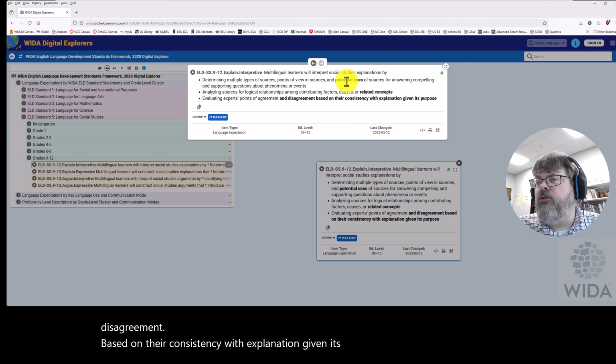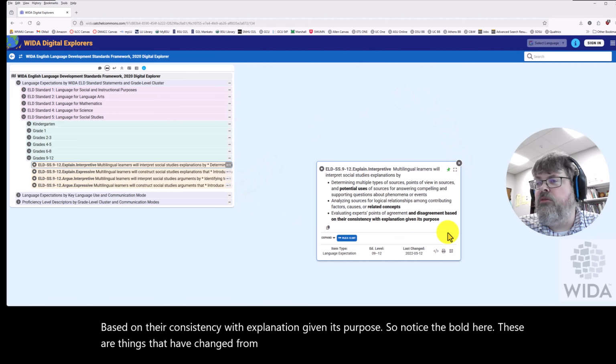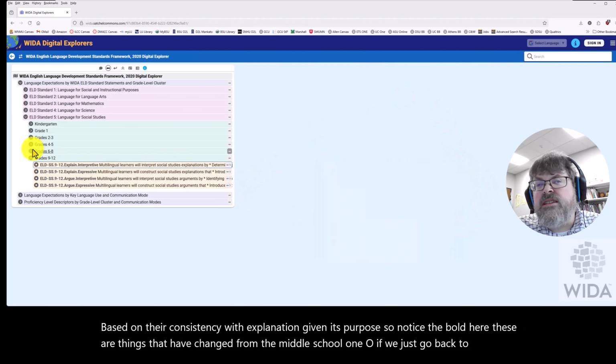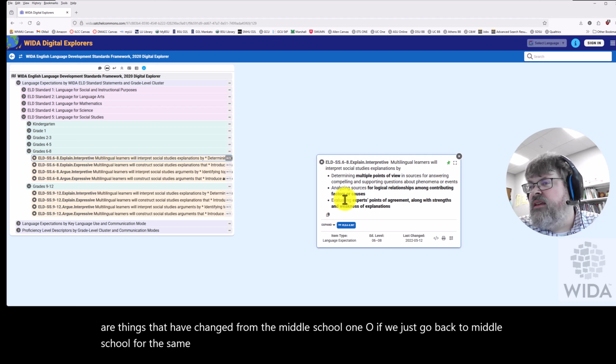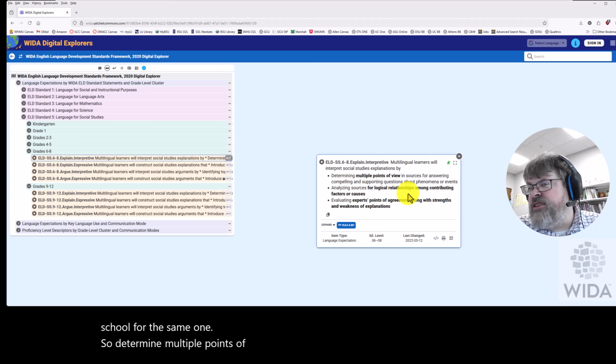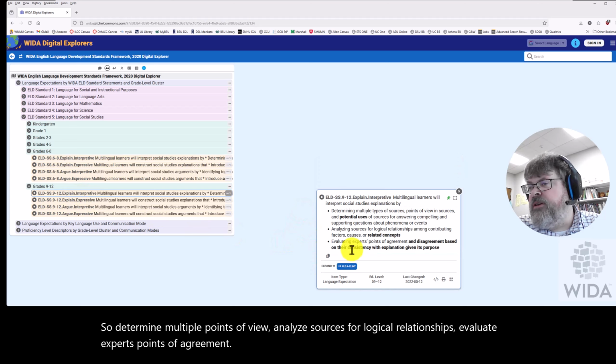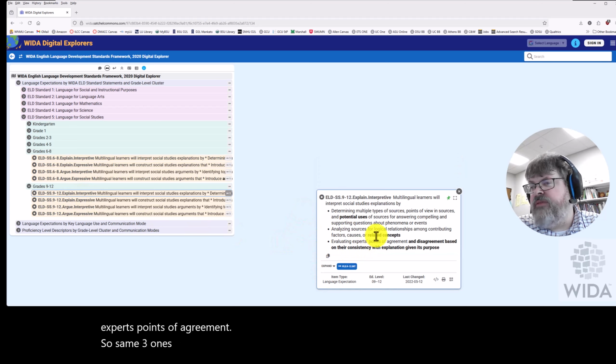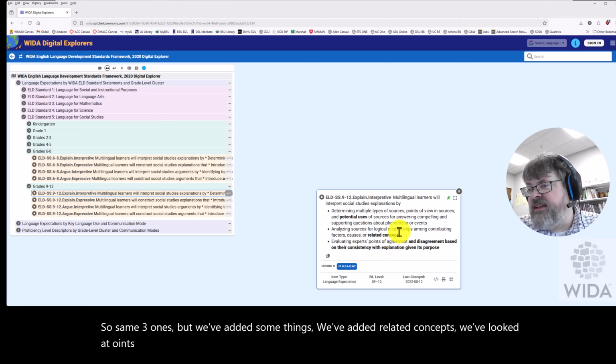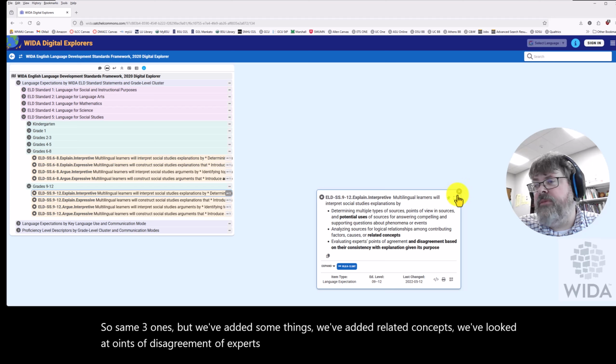And so notice the bold here. These are things that have changed from the middle school one. So we just go back to middle school for the same one. So determine multiple points of view, analyze sources for logical relationships, evaluate experts' points of agreement. So same 3 ones, but we've added some things. We've added related concepts. We've looked at points of disagreement of experts. So we're adding information.